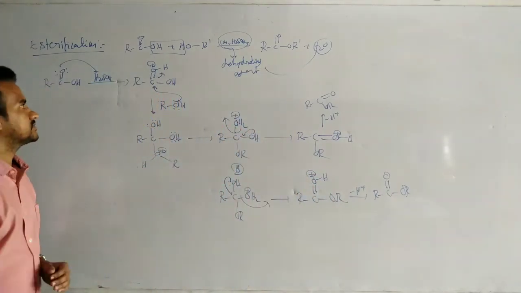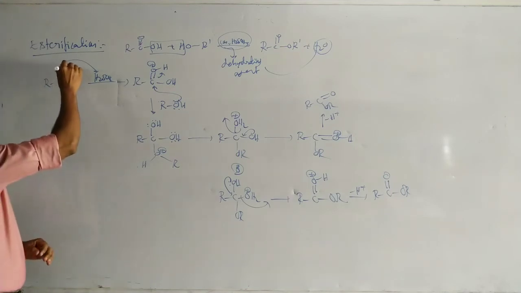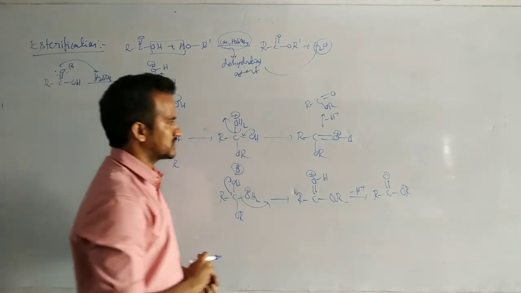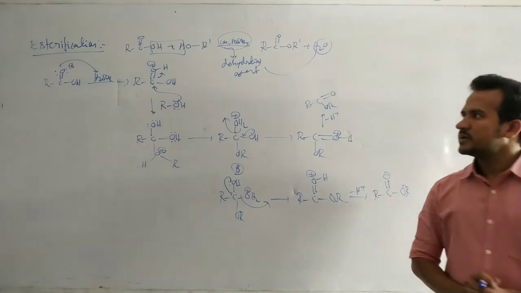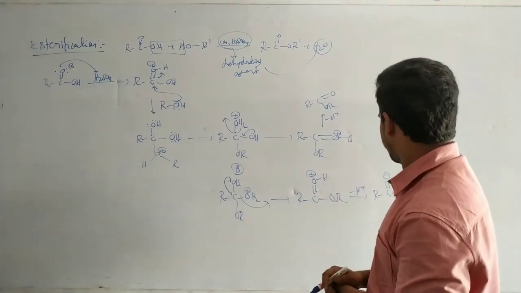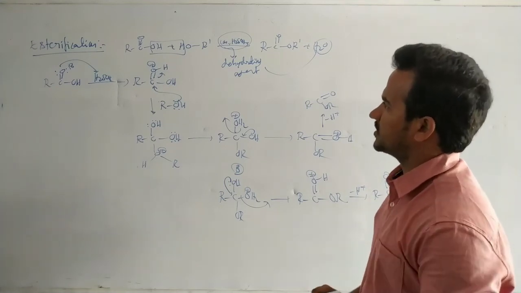Okay. That means here, if this one contains 18, that means isotopic oxygen. So that 18 may be present in either group, may be present or may not be present.